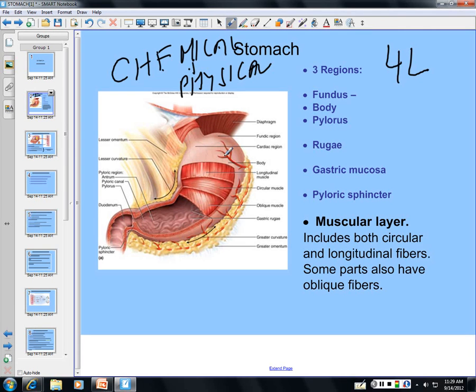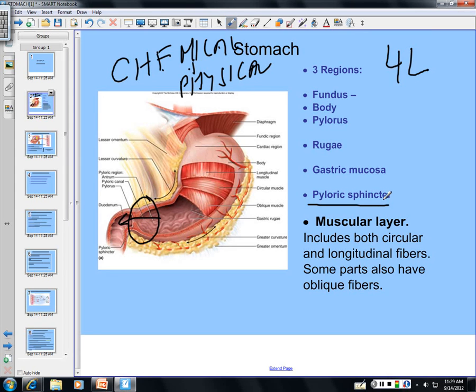There's the body, the main part of the stomach, and then finally the pylorus, the pyloric end, through which the food enters the duodenum, and the entrance of which is controlled by a sphincter called the pyloric sphincter.